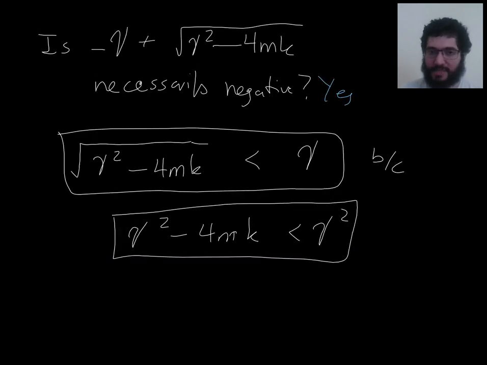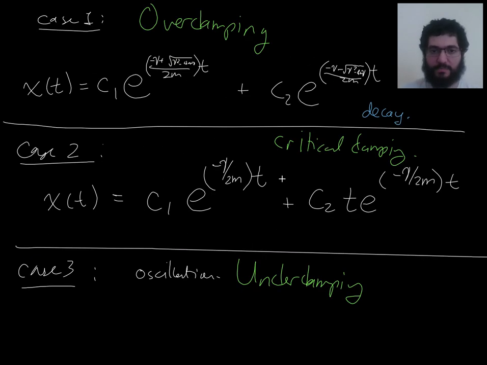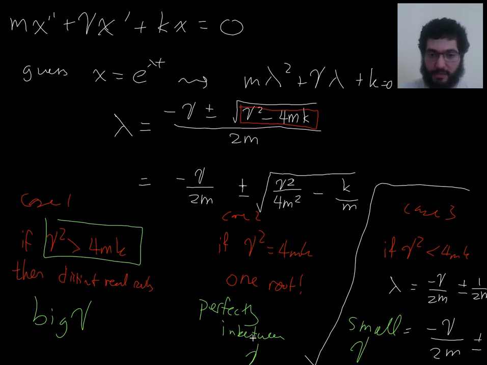And hopefully that's not surprising, because we saw that depending on whether gamma is big, in between, or small, we do actually get drastically different things going on. So just setting everything to 1 and saying that that's the whole story, well, when you set everything to 1, that's going to be one of the cases, right? I guess it would be case 3 if you set everything to 1, because 1 is less than 4.